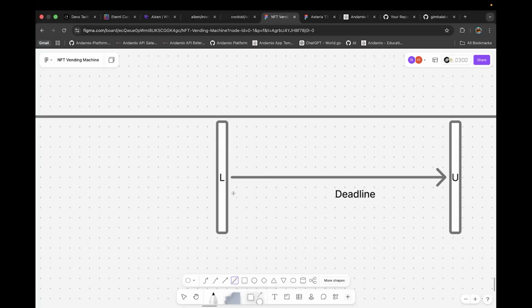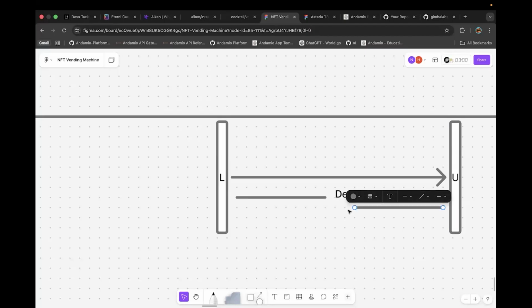Gideon is specifically mentioning this range, the part from the lower bound to the deadline, and another part from the deadline to the upper bound.